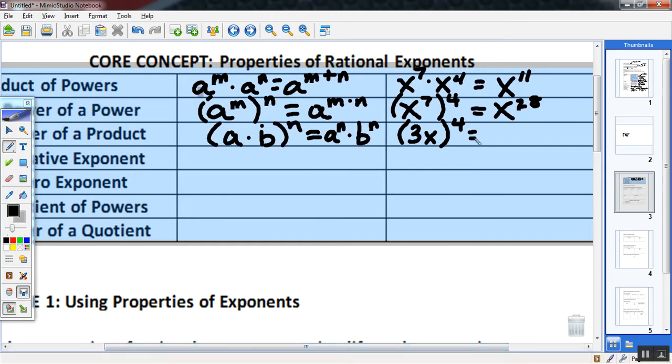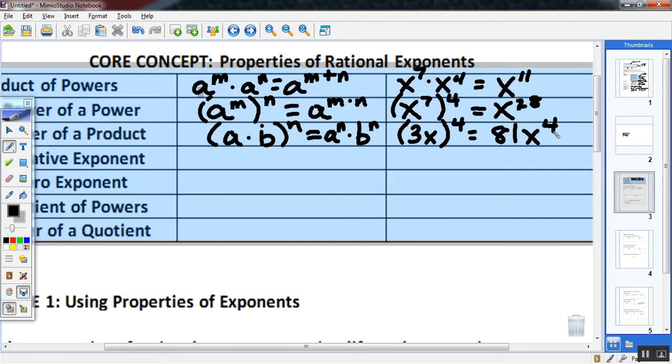What is 3 to the 4th? 3 times 3 times 3 more times another 3. 81. And then how about that x to the 4th? What's going to take its position after 81? So we call this power of a product. My product, 3 times x. That's like taking 3x times itself 4 times, or 3 times itself 4 times, and x times itself 4 times.